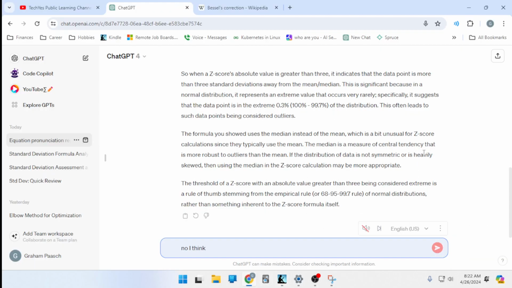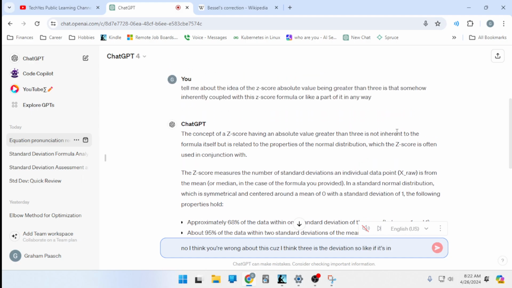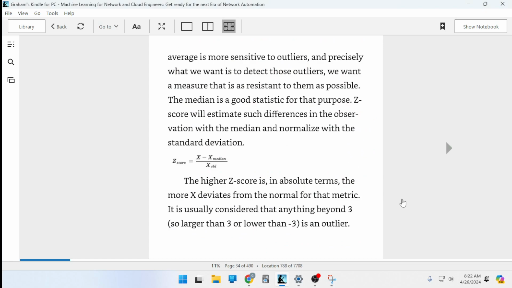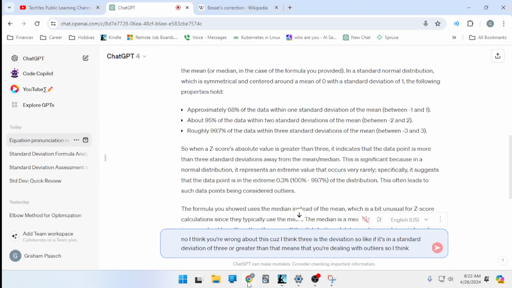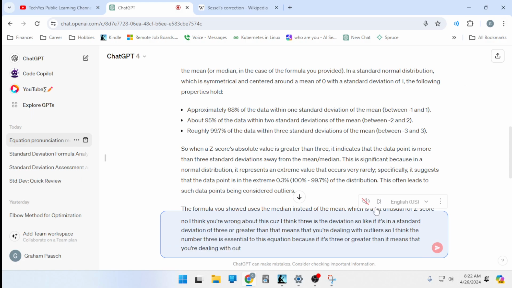No, I think you're wrong about this, because I think 3 is the deviation. Like if it's a standard deviation of 3 or greater, then that means you're dealing with outliers. So I think the number 3 is essential to this equation, because if it's 3 or greater, then it means that you're dealing with outliers.